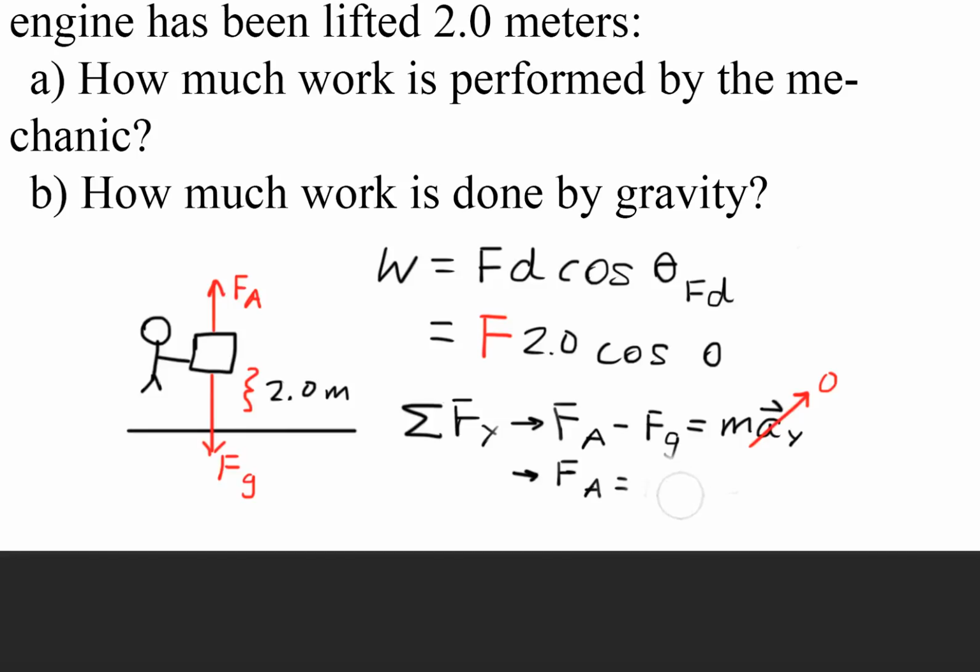I will erase it right here. We said that the mass was 140 kilograms. And it is given that the acceleration of gravity is 10 meters per second squared. Ultimately, the final answer we would get for our applied force would be 1400 newtons.